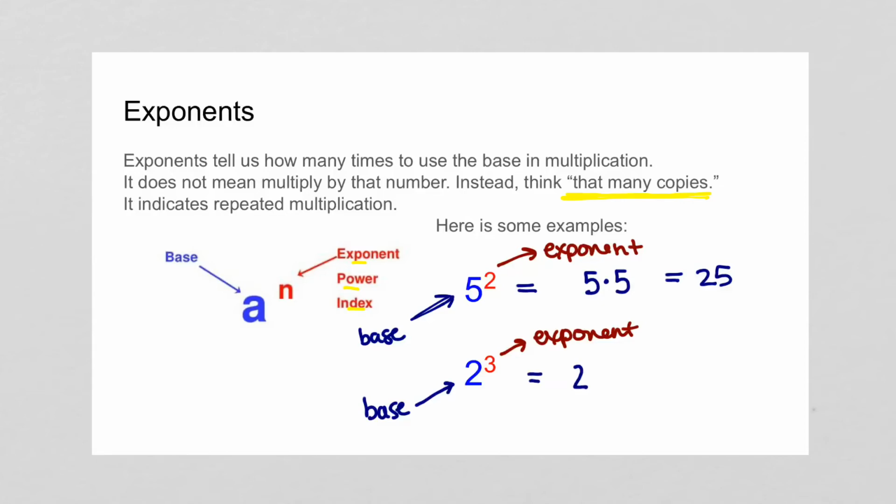Well, 2 is my base, and I need 3 copies of 2. So 2 times 2 is 4. 4 times 2 is 8. So 2 to the third power can be expanded out as 2 times 2 times 2, and that also simplifies to 8.